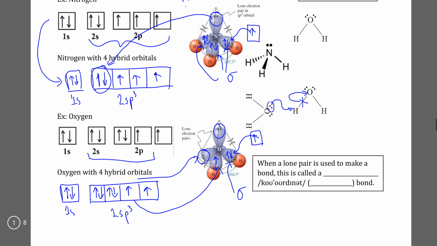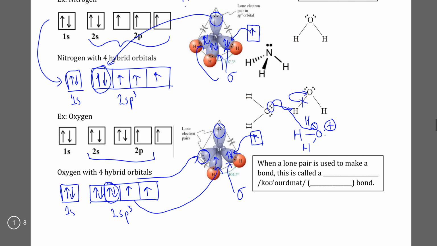And because these 2 electrons formed a bond with hydrogen, we would now end up with a strange molecule called H3O+. This will become very important when we start talking about acids and bases, but if we assume that this lone pair was used to make this bond here, again, we're forming a bond using 2 electrons, but instead of those 2 electrons coming from separate atoms, they're only coming from a single atom because these 2 electrons used to be a lone pair.